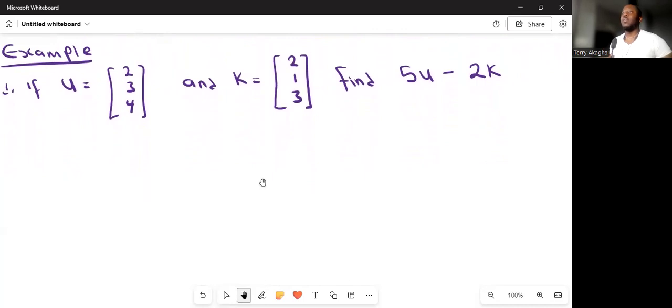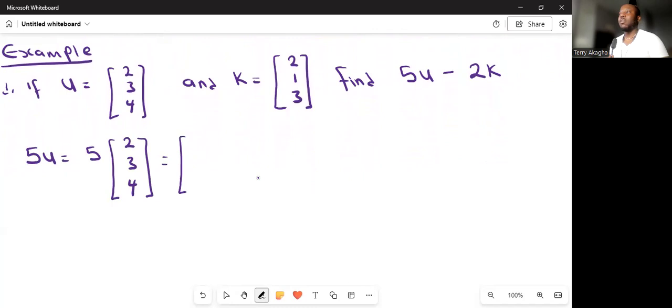So we're going to start. The first thing I'm going to do is find 5u, which is a scalar multiplication. I've done this earlier. So it's going to be 5 into 2, 3, and 4. And that will give you 5 times 2, which is 10, 15, and what? 20. Is that making sense? Then we're going to find 2k. 2k is the same thing.